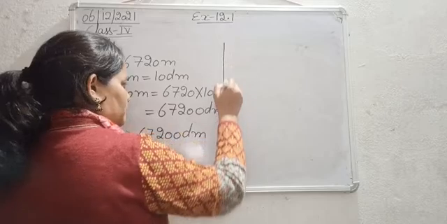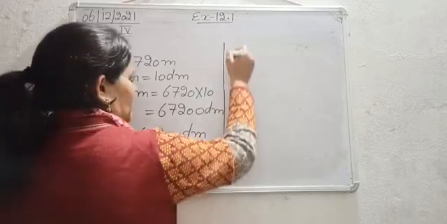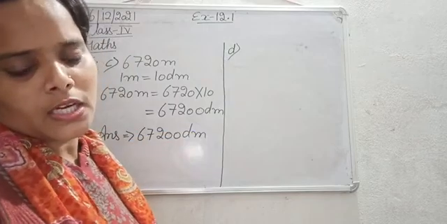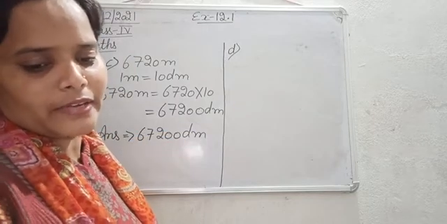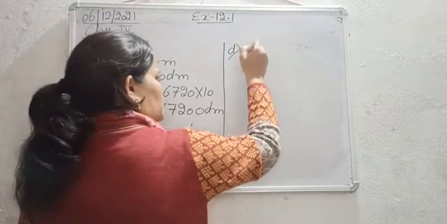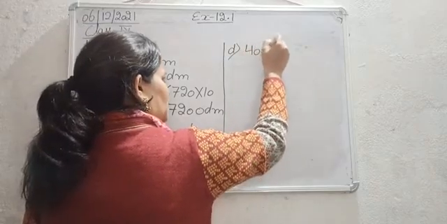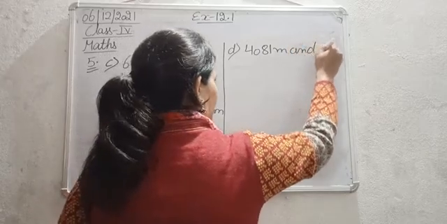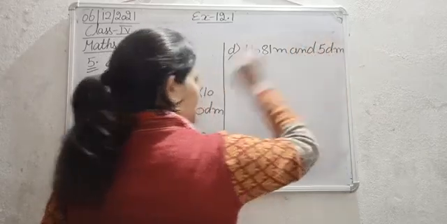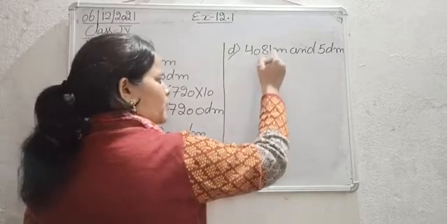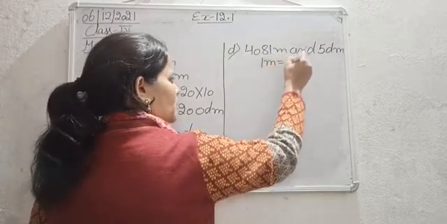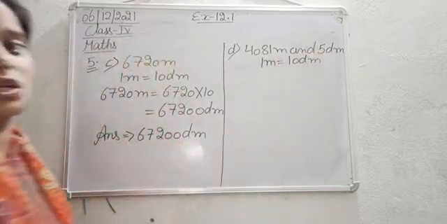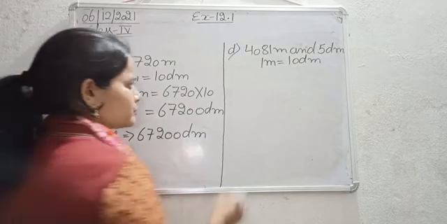Moving next to the D part. The D part is 4081 meter and 5 decimeter. 1 meter is equal to 10 decimeter.